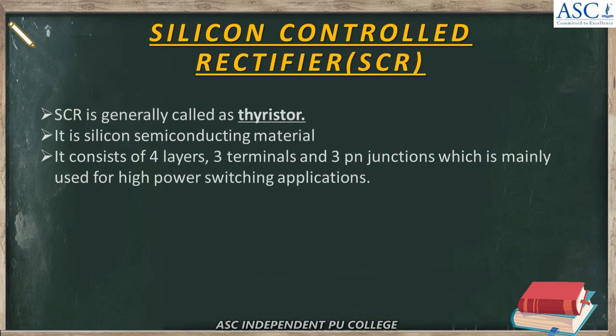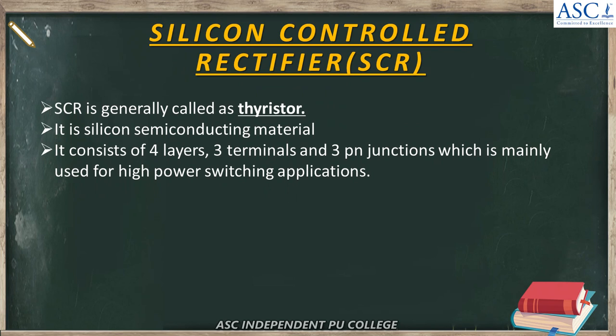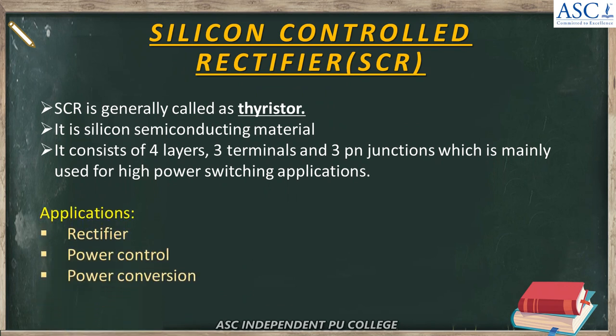First, SCR is generally known as a unidirectional thyristor. It's a semiconductor device with 4 layers, 3 terminals and 3 PN junctions, used for switching applications.